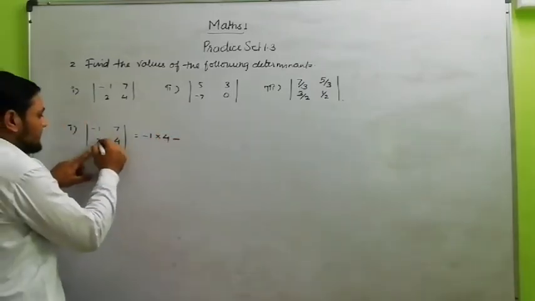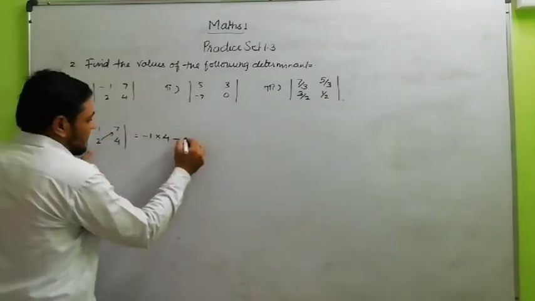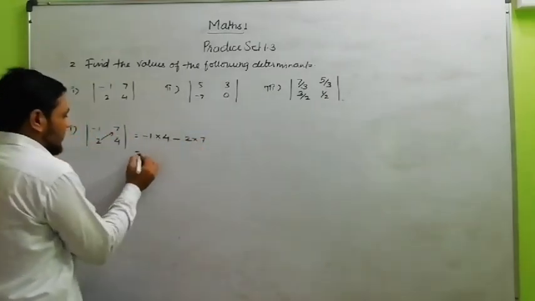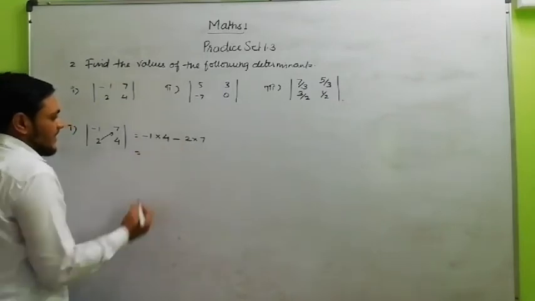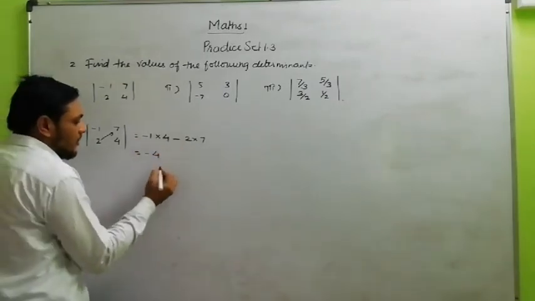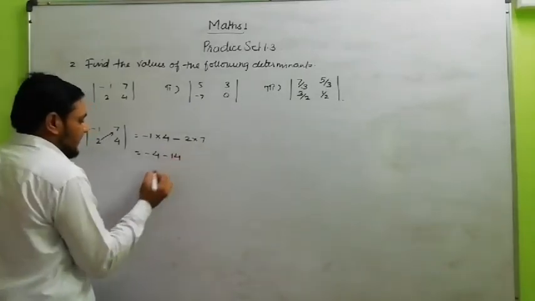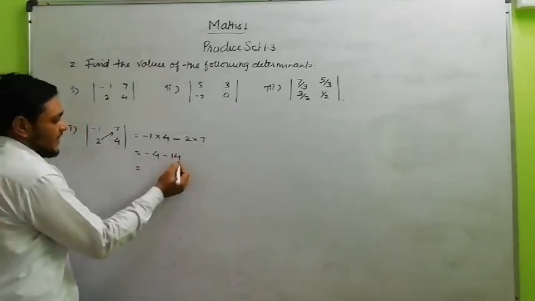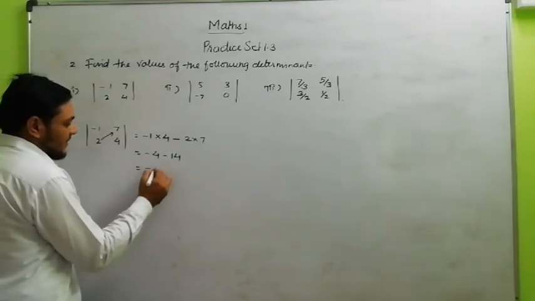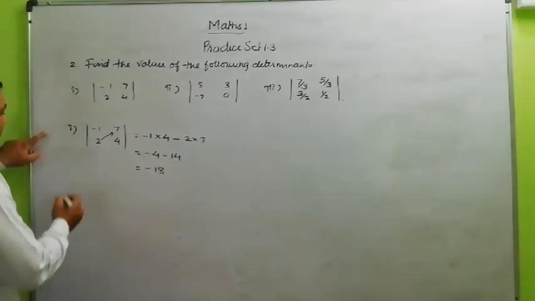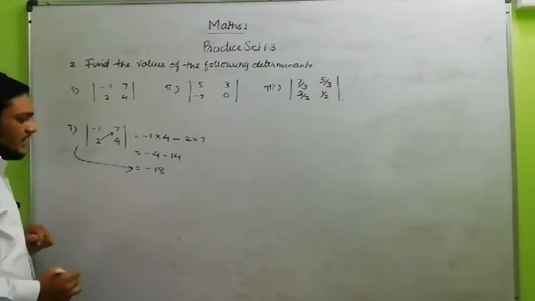Now we multiply 2 by 7. So 4 multiplied by negative 1 is negative 4, the negative sign stays as it is, and 7 2s are 14. So negative 4 and negative 14 give negative 18. The value of this determinant is negative 18.